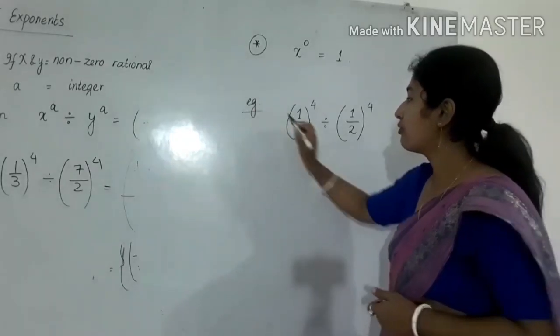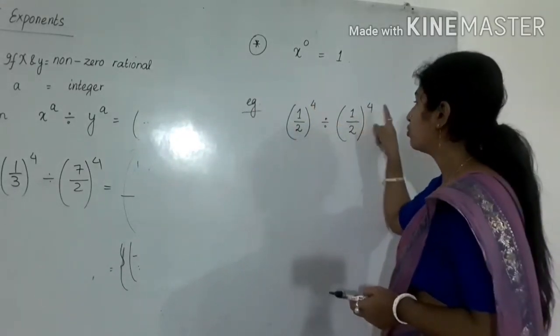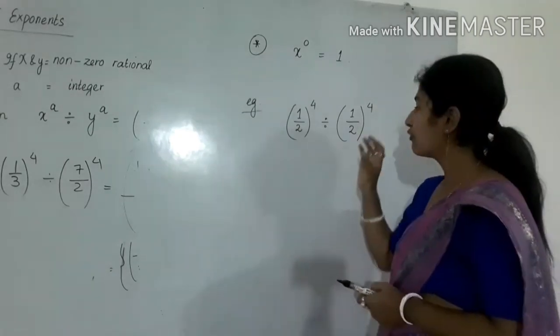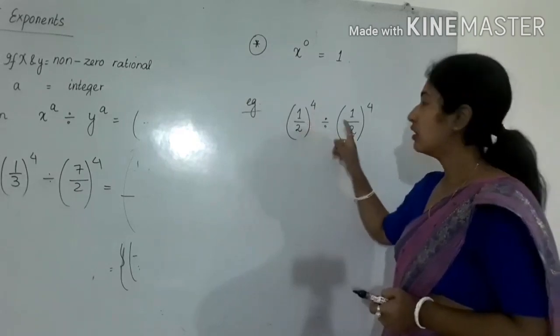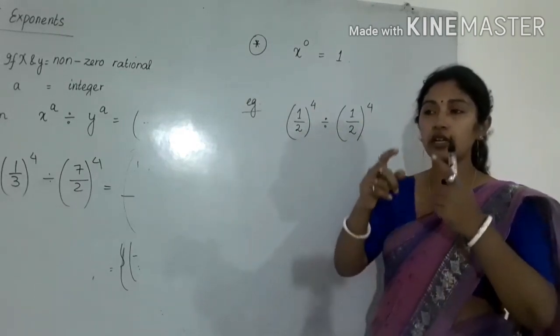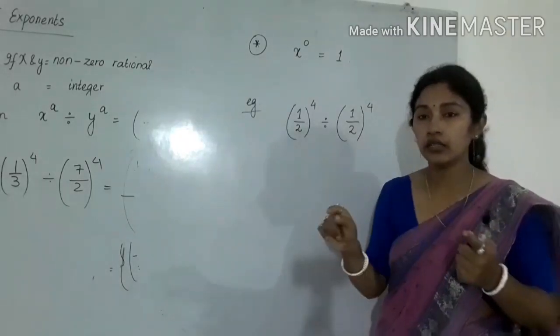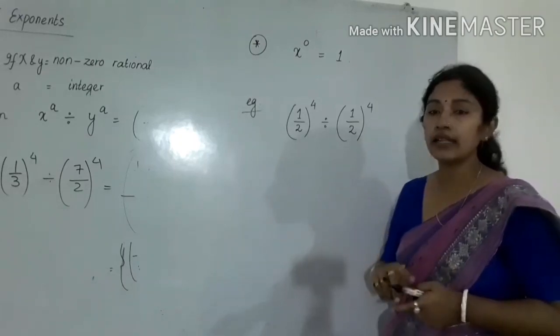In the example I have taken, 1 by 2 whole to the power 4 divided by 1 by 2 whole to the power 4. So what we have to do? We have to divide the 4 terms of 1 by 2 by 4 terms of 1 by 2. You know already, when we write it, all the terms will get cancelled.